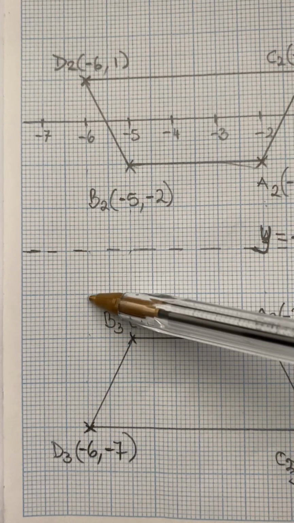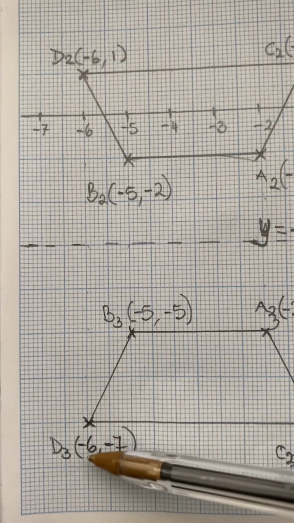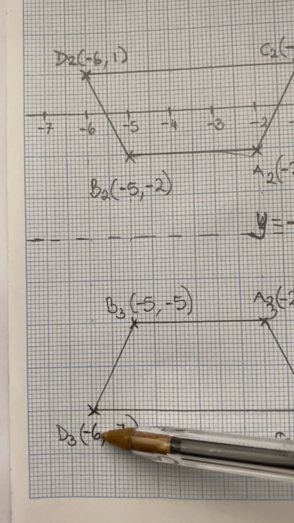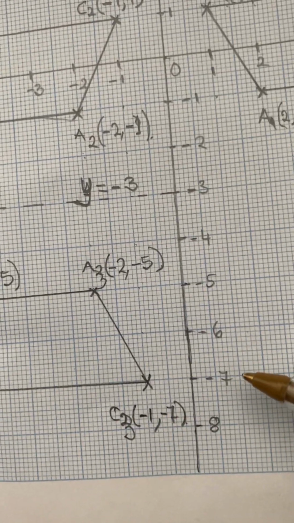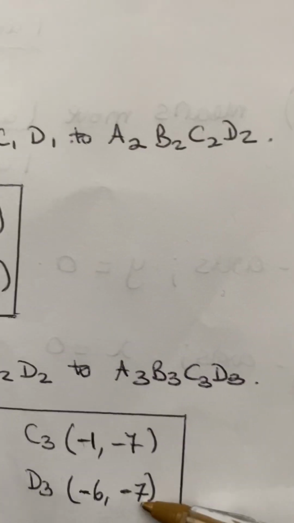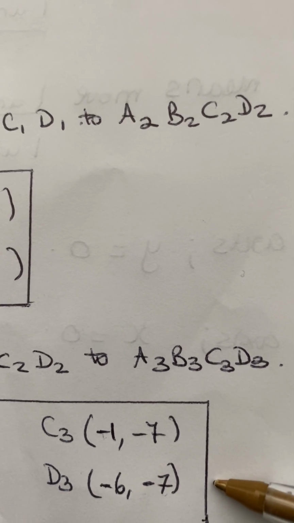So that will be 1, 2, 3, 4 to get to D3. So D3 now will be -6 and -7. So D3 here is -6, -7.